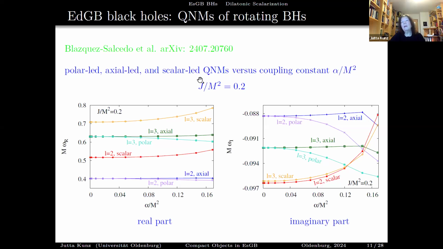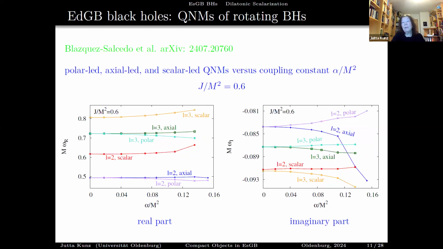This is for a relatively small angular momentum. And then you can see while you start here from the Kerr solution from general relativity, alpha 0, you get deviations as the parameter, the alpha, the Gauss-Bonnet coupling, is increased, and this is for a larger coupling.